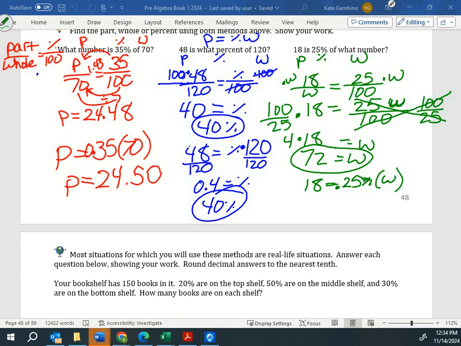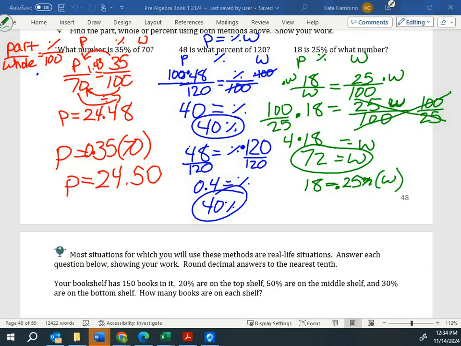I like to convert it to that decimal because it's easier for me to use. In the calculator, I like to put it in as a decimal. That's just the way my brain works. So if I have 0.25, and I have my part is 18, what do I have to do?